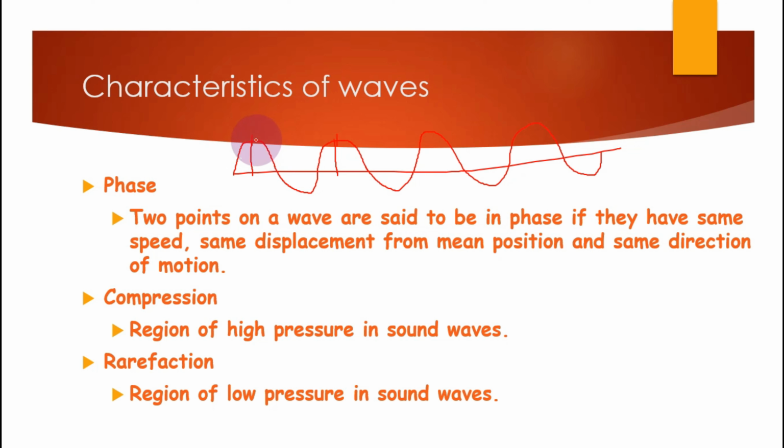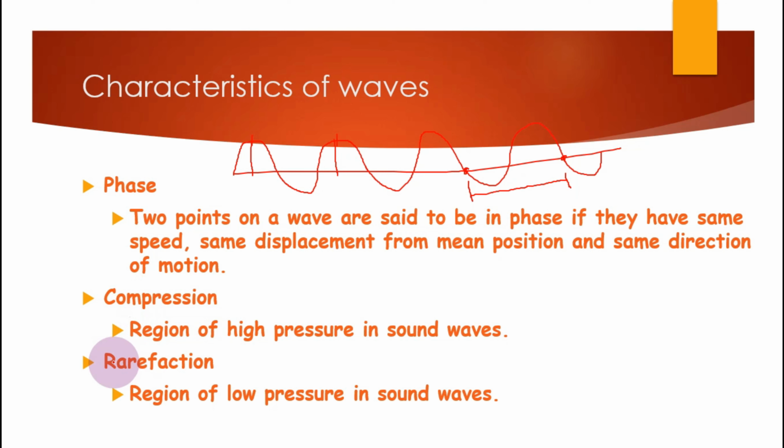So any two points on a wave which have the same displacement from the mean position, the same direction of motion and the same velocities are said to be points in phase. If I take this point, it is in phase with this point, and these two points are at a distance of one wavelength apart as well. Wavelength is a term which we will study next. So these are also two points in phase, and these are also two points in phase.